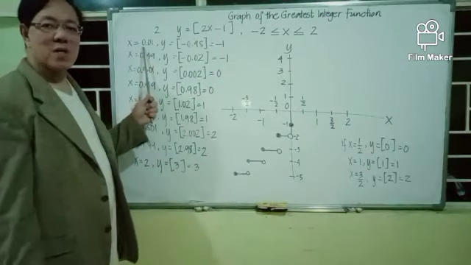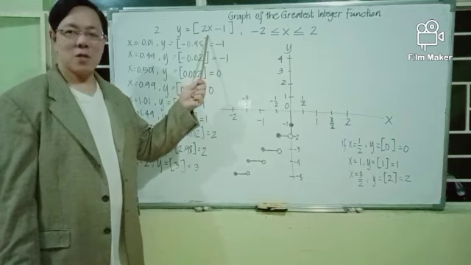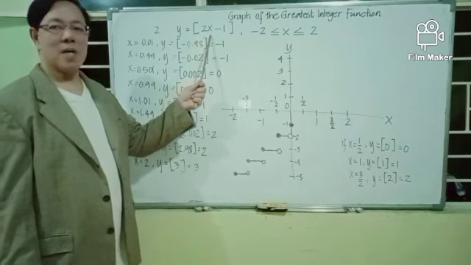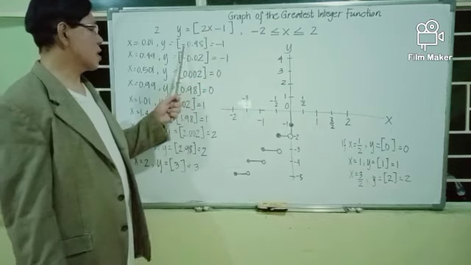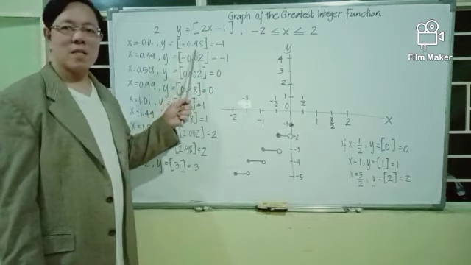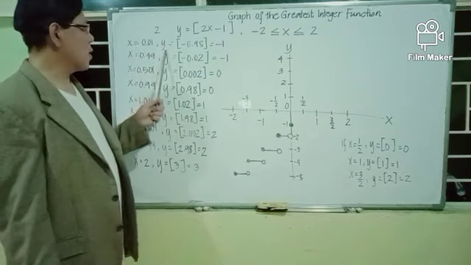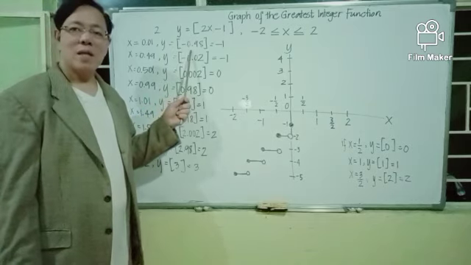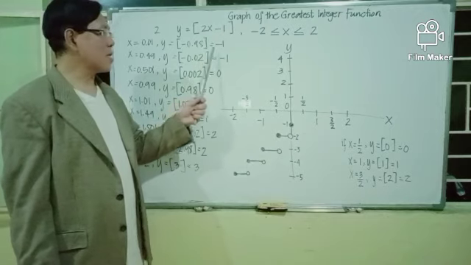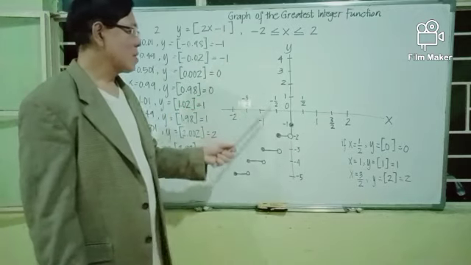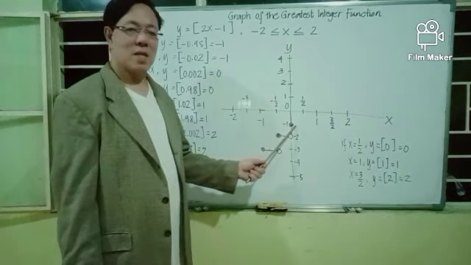When x is 0.01, substitute in the greatest integer function and use your calculator. 2 multiplied by 0.01 minus 1, and you should get negative 0.98. So when x equals 0.01, the value of y is the greatest integer less than negative 0.98, and that integer is negative 1. When x is 0.01, the value of y is negative 1.